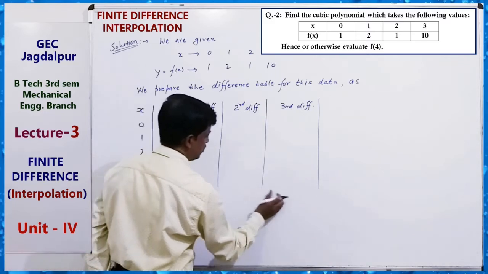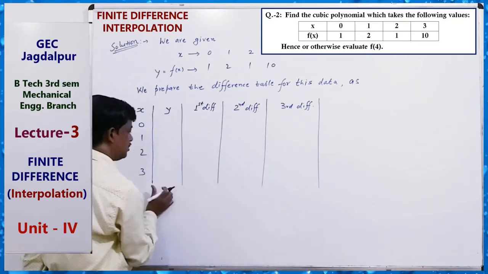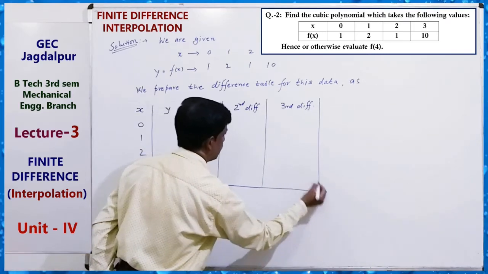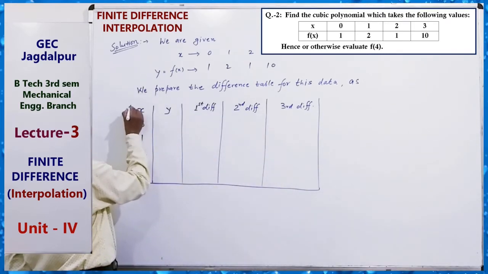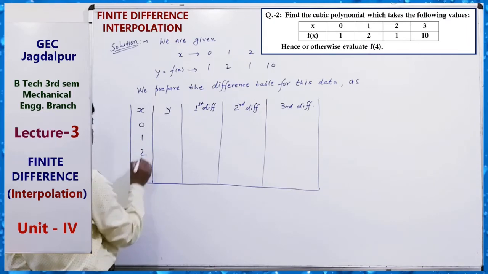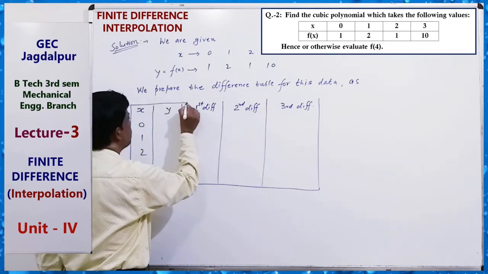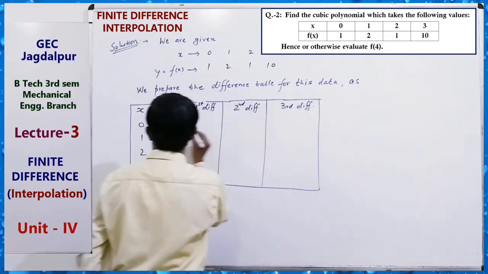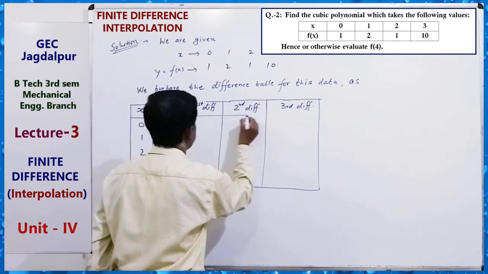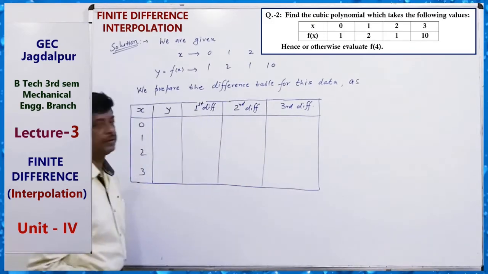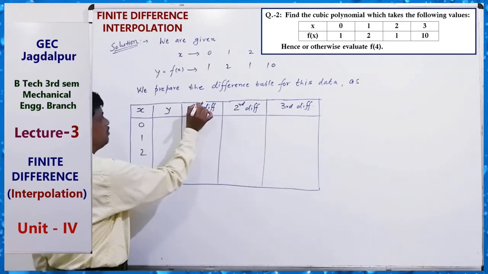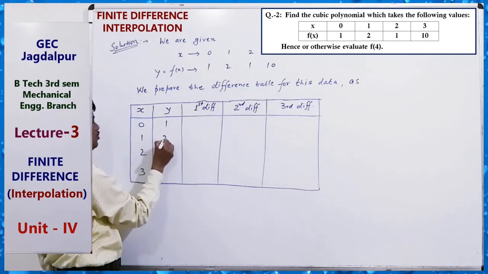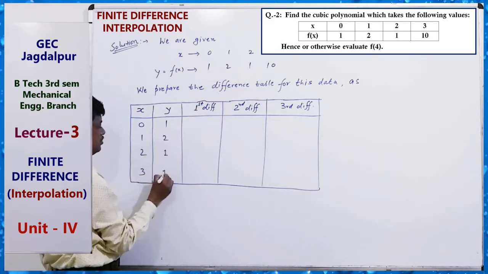So take appropriate dimension of the table. Clear? So table preparation is very simple. How? 1, 2, 1, 10.